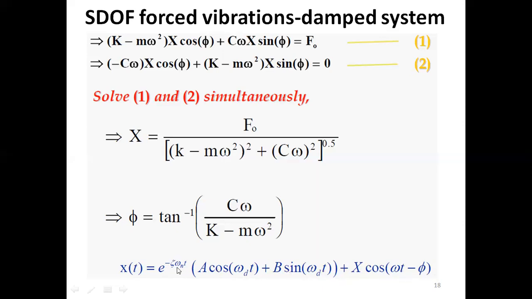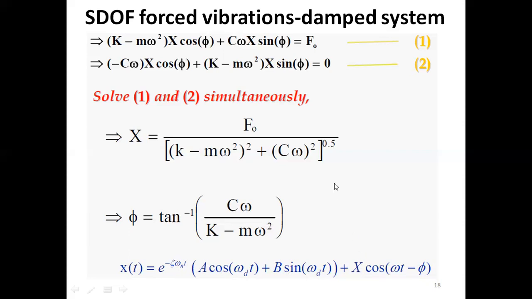We know that in case of free vibration, the system would vibrate at the damped natural frequency, so in this mathematical model you have to include omega d instead of omega. But after some time, when the system is under the influence of the forcing function, the system would vibrate with the frequency of excitation in the steady state phase. So here in the model, you have to include omega.